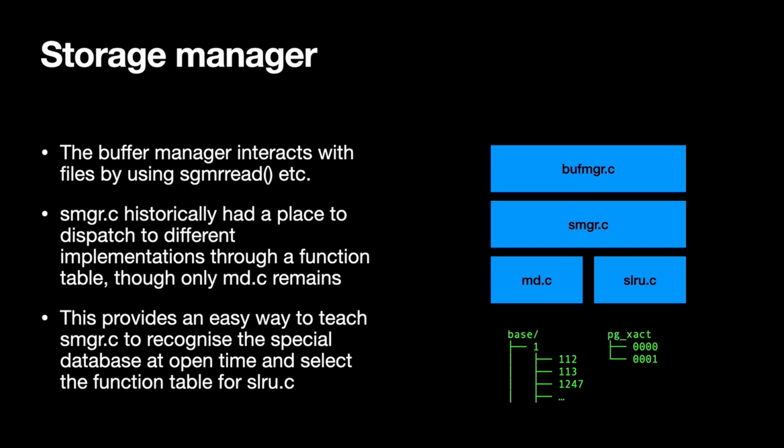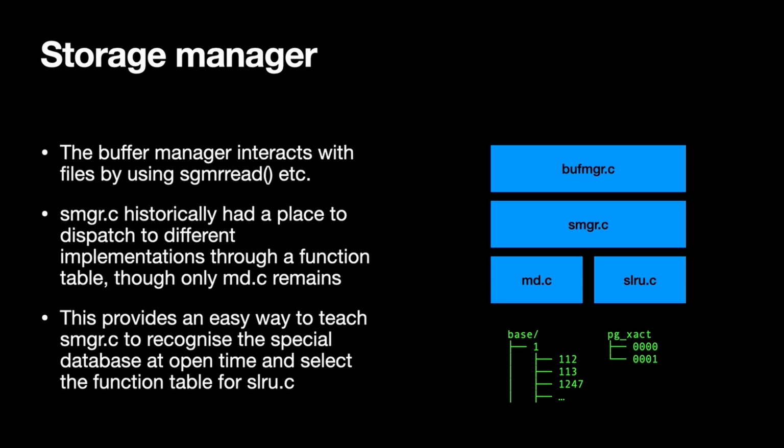The next thing I wondered about is how the storage manager should work. When the buffer manager wants to read or write data to or from disk, it asks the storage manager. So the buffer manager needs to know about raw pages only, but it doesn't really know anything about how and where the data goes on disk.